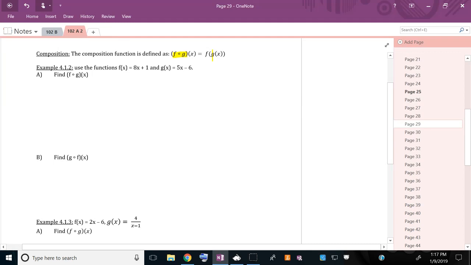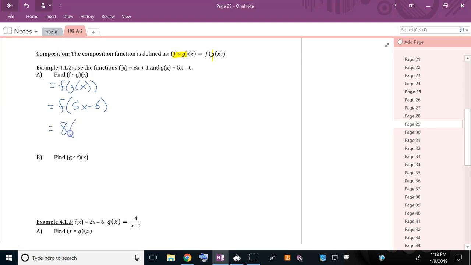So let's say I've got f of x is 8x plus 1, and g of x is 5x minus 6. So fog, again, that's f of g of x. What is f of g? g is 5x minus 6. So what that notation means is everywhere in f that I see an x, I replace it with 5x minus 6.